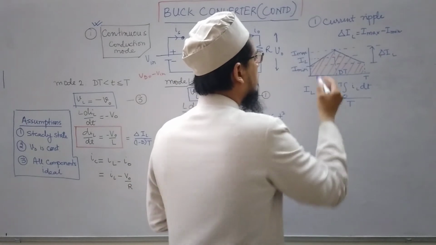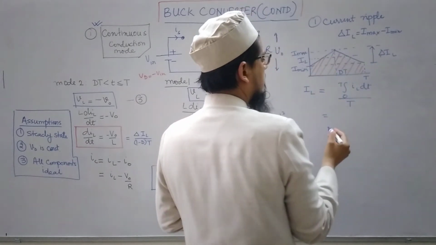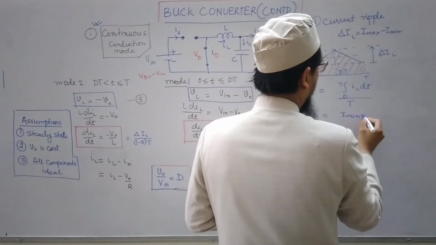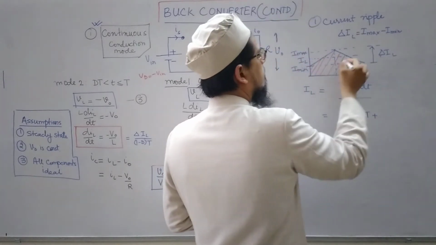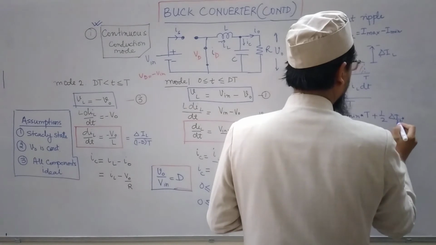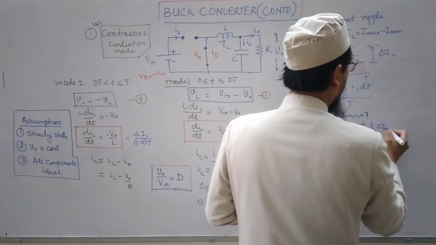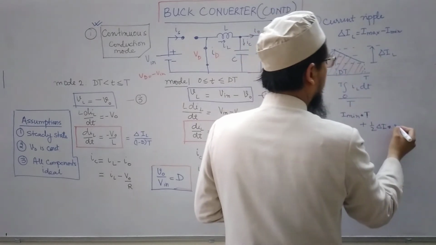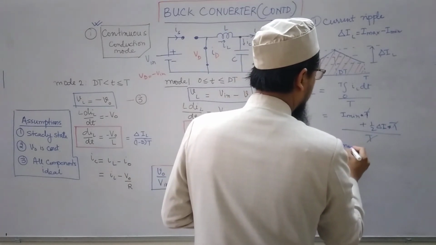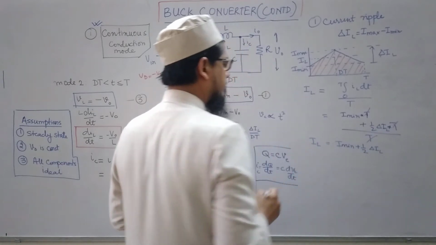We can easily find it because this is composed of this rectangle and a triangle, and I can easily write down the area of the rectangle, which is I min times T, plus the area of the triangle, half the height, which is delta IL, into this time T, and divided by T. So T gets cancelled, and finally I have I min plus half of delta IL. So this is IL. Okay.